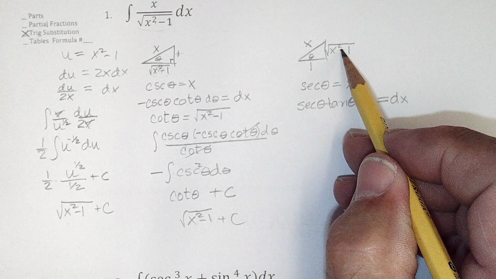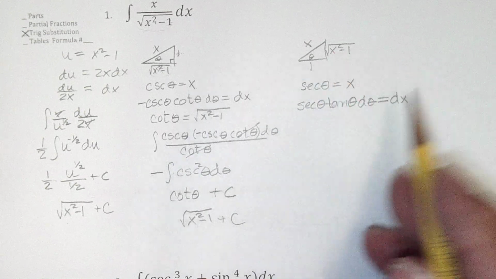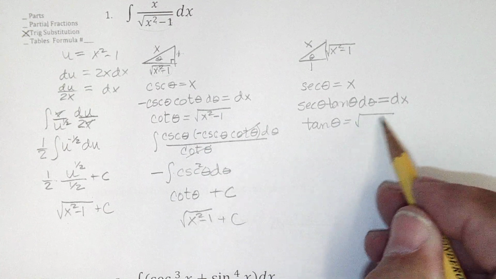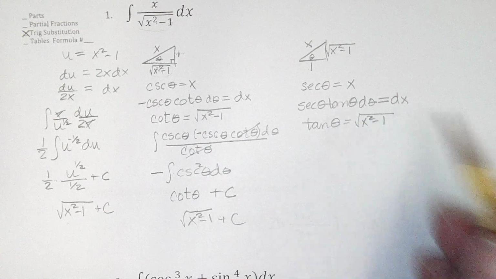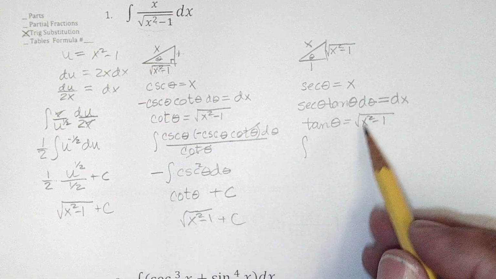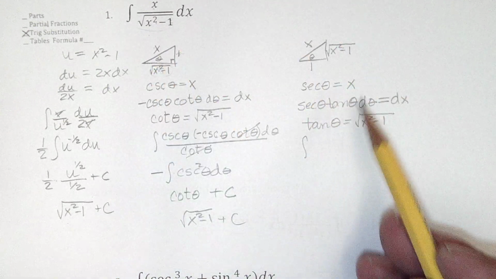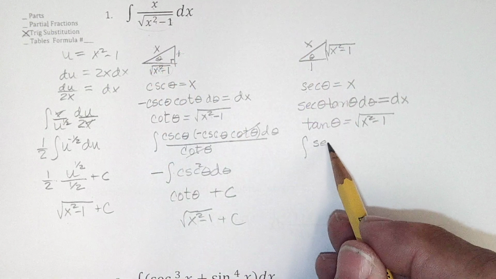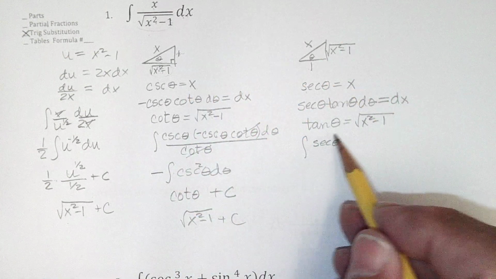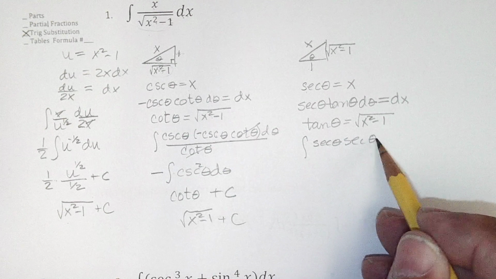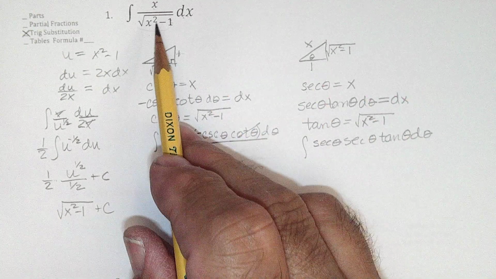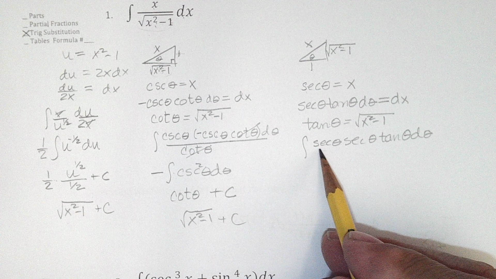And what does this equal? Let's see, opposite over adjacent is the tangent, which is the square root of x squared minus 1. So our integral becomes, our x is secant, our dx is secant tangent d theta, and this denominator piece is the tangent.